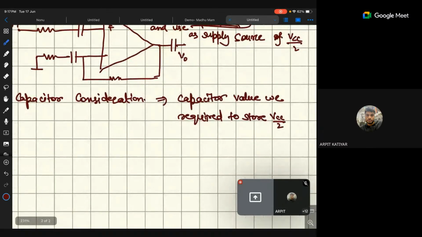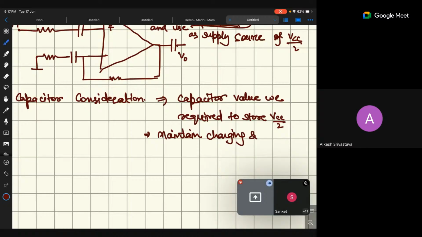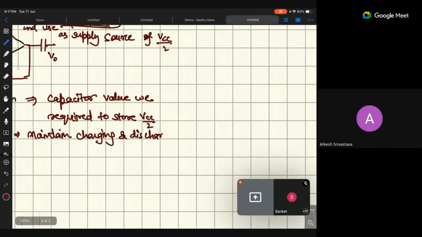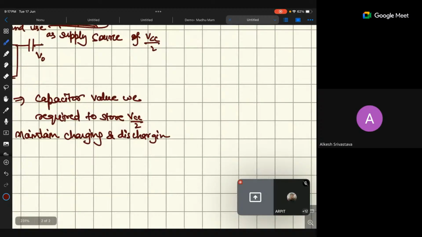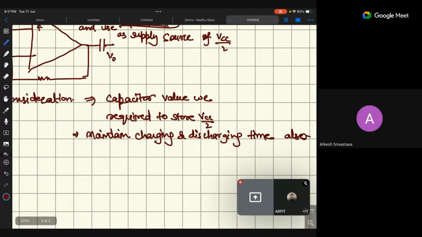Second, if we use a capacitor, we also have to maintain the charging and discharging time. What is the meaning of maintaining charging and discharging time?